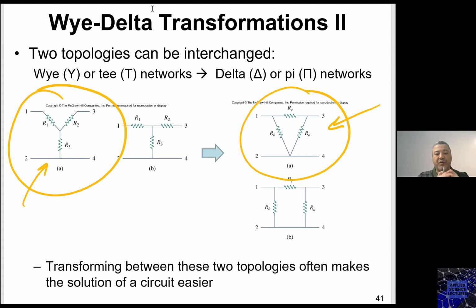So it is an equivalent circuit such that I can take one and replace it with the second one without affecting the performance of the circuit. However, the second topology would basically break this no solution and allow me now to do further simplification. So we will see how we do this.